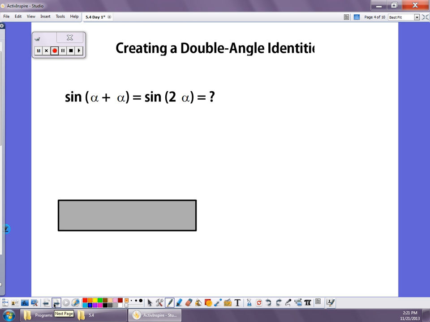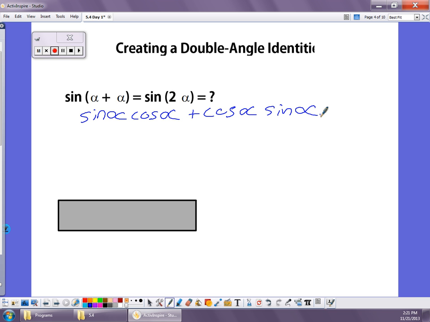So here's just a short proof of how we come up with these double angle identities. We have sine alpha plus alpha. This is a sine of a sum, so we know we can plug this into the identity: sine alpha cosine alpha plus cosine alpha sine alpha.